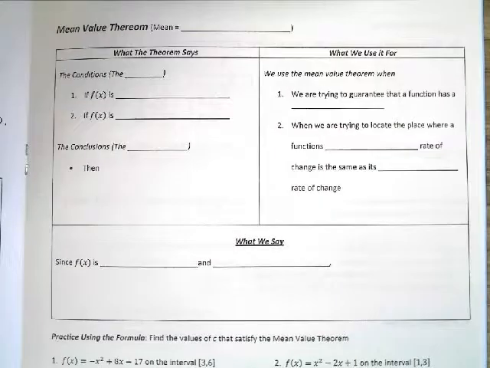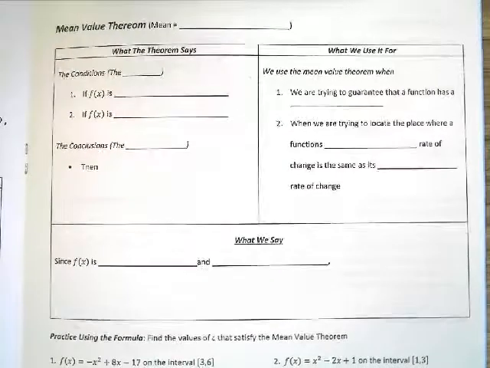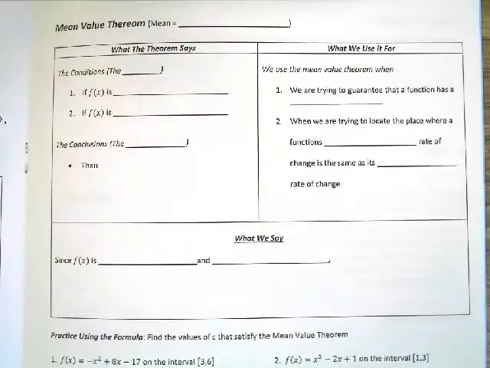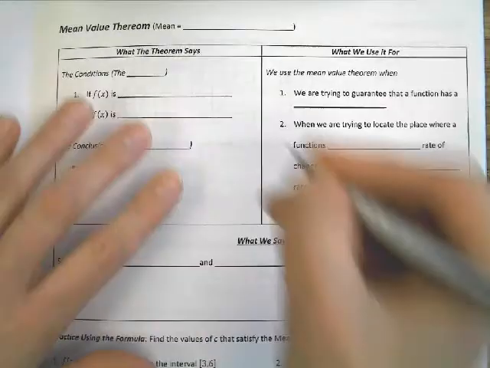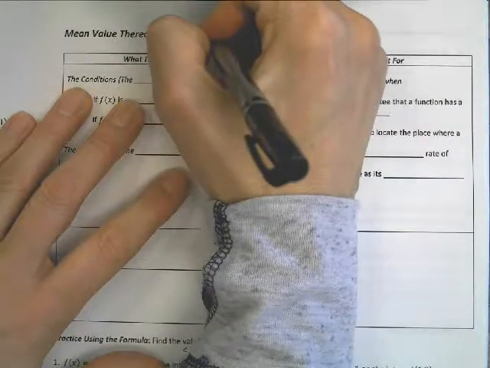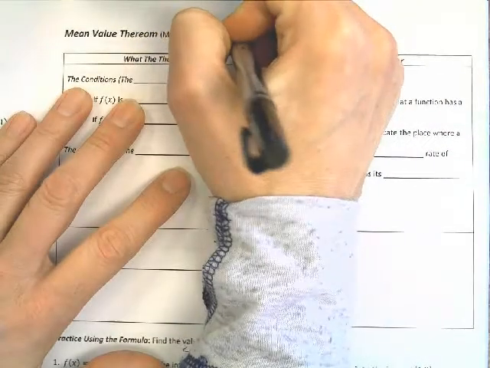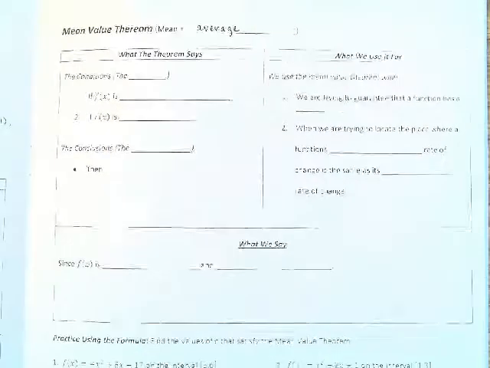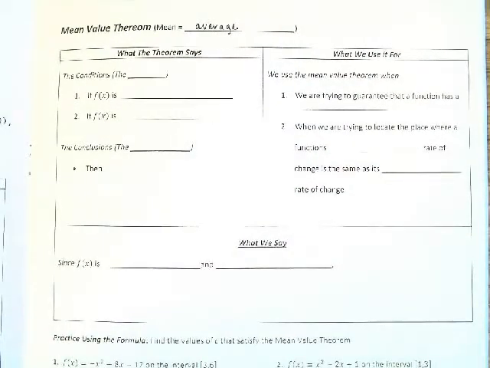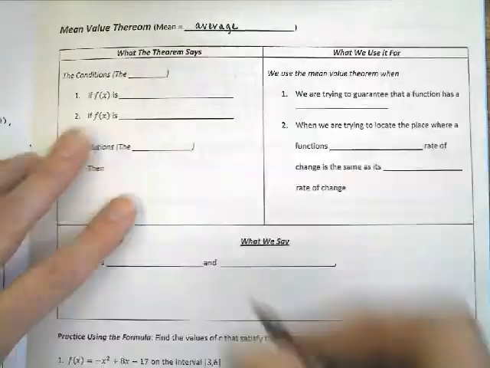Okay, one more new theorem, and this is going to be our mean value theorem. Okay, and when we think of the mean, I think all of us probably oftentimes think of the average. And that's going to be a key part of this theorem. Okay, so what does this say?